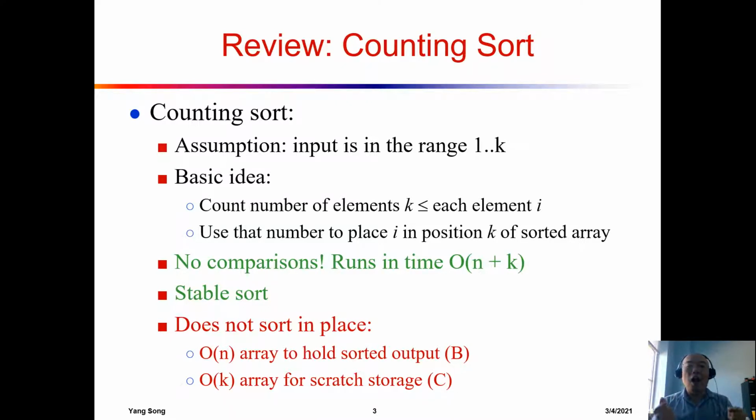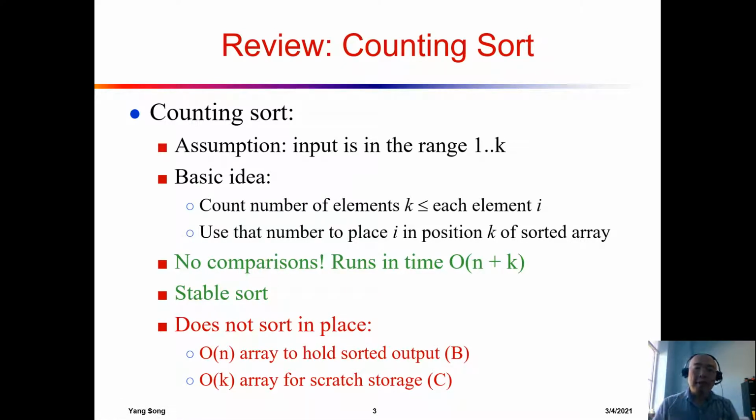So here we introduce another parameter, which is k, and there are a total of n values. Since we are not doing comparisons, the running time will be O(n + k). And if we assume that k is O(n) as well, then we can consider this a linear time algorithm, which is O(n).